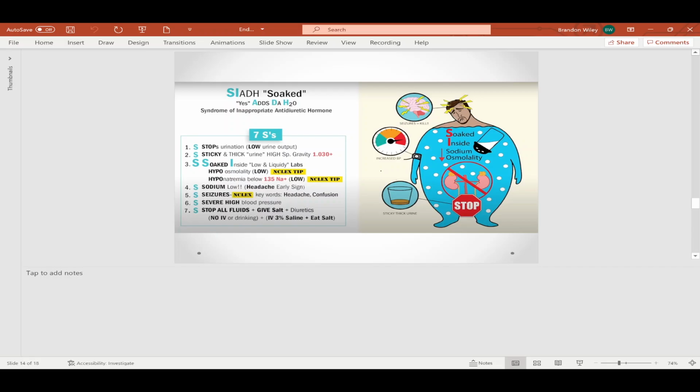You're going to stop all fluid, give salt. So sometimes you'll actually see these patients will have salt tabs. And then sometimes they'll even have little salt packets that they put in the water. And then diuretics, so you will see Lasix being given. No IV or drinking, and then 3% saline. With our 3% saline, it's a very potent drug, can cause cerebral edema if not careful.